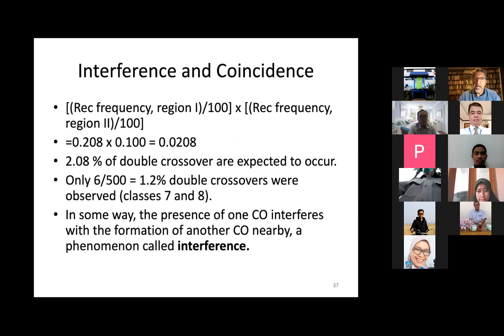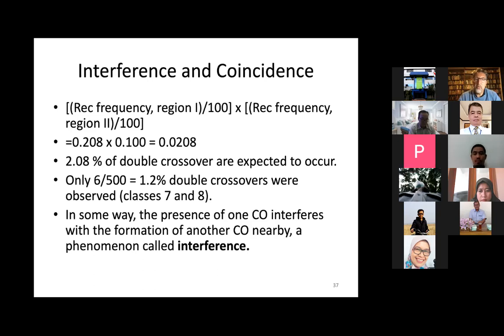So the recombination frequency in region 1 times the recombination frequency in region 2 equals 0.208 times 0.1. That's 20.8% or 10% recombination, respectively, we just calculated.